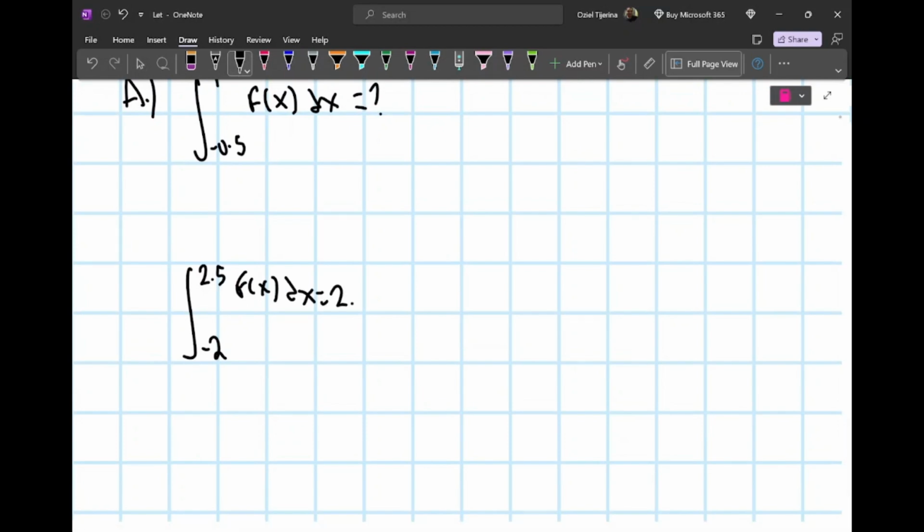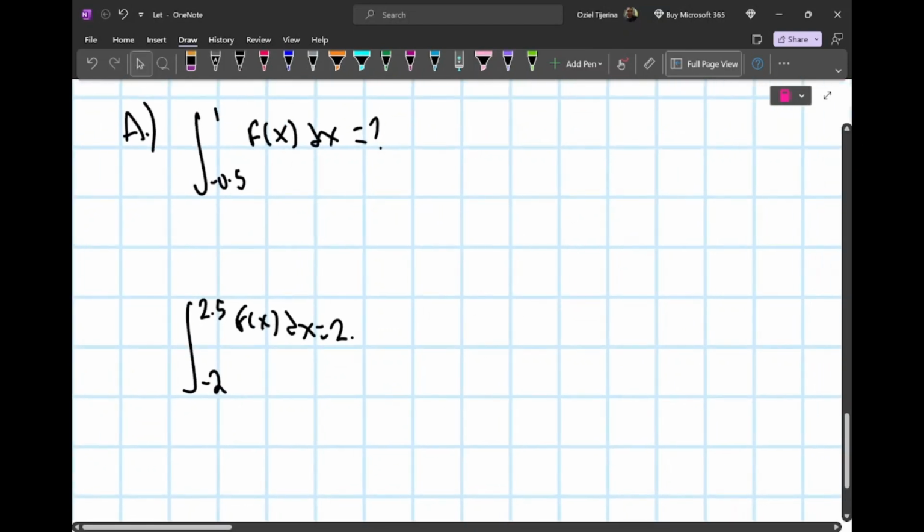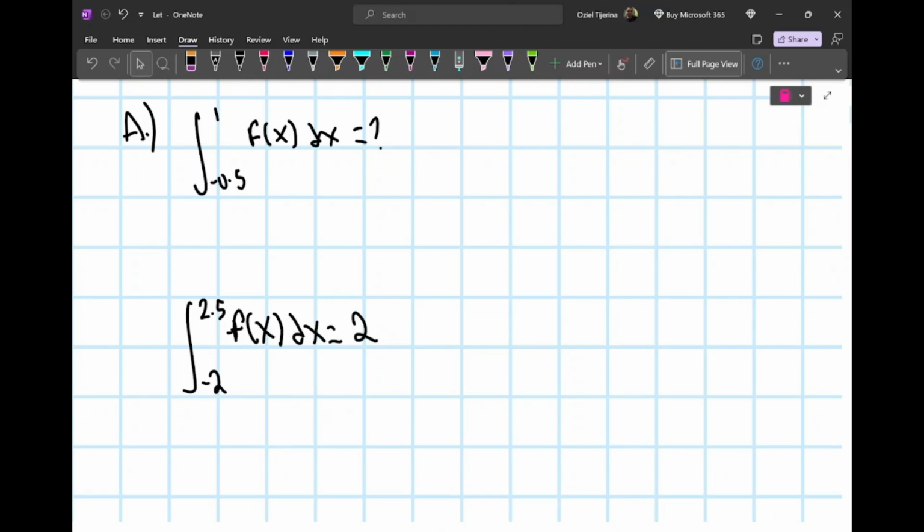Like I said, the integral from -2 to 2.5 of f of x dx is equal to 2. We also know the integral from -2 to -0.5 of f of x dx equals 7.